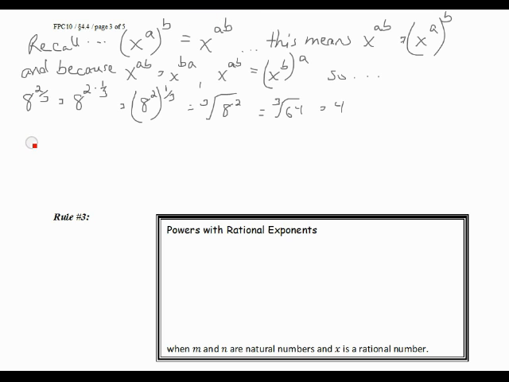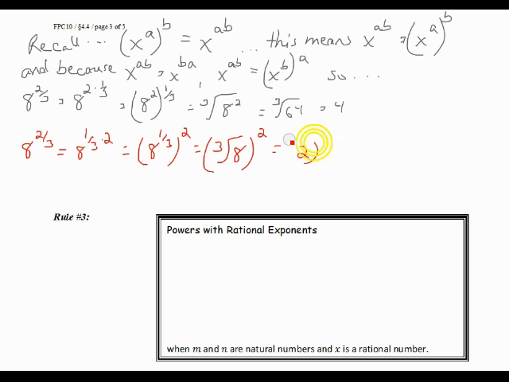We write this instead, 8 to the 2/3 equals 8 to the 1/3 times 2. Then this becomes 8 to the 1/3 squared, which is the cube root of 8 squared. And the cube root of 8 is 2, squared. Oh, we get 4 again. Yay!